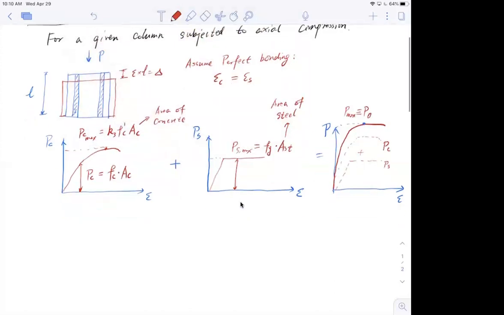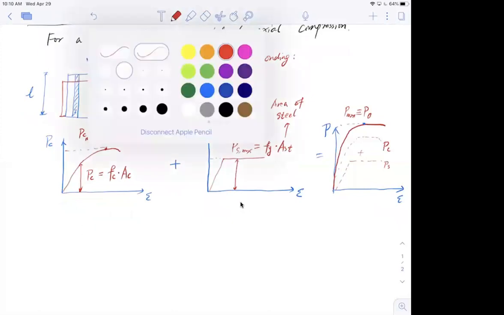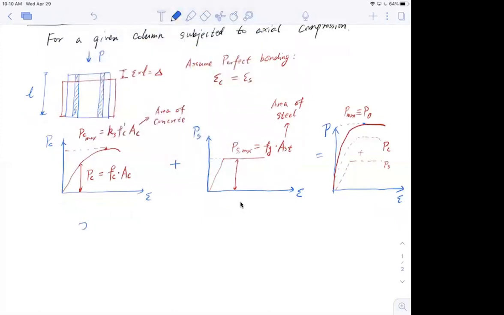Then we get an equation like this. First of all, P0, the total compression, has two components, equal to K3 F prime C AC plus Fy AST.